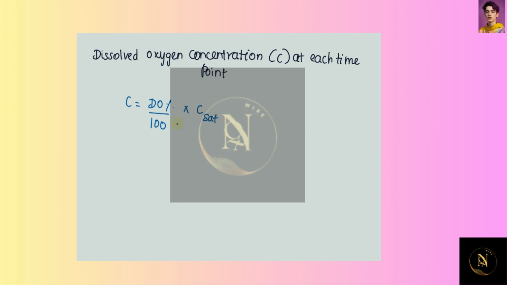The saturation concentration, that is C sat, of oxygen in water is approximately 8.26 mg per liter.